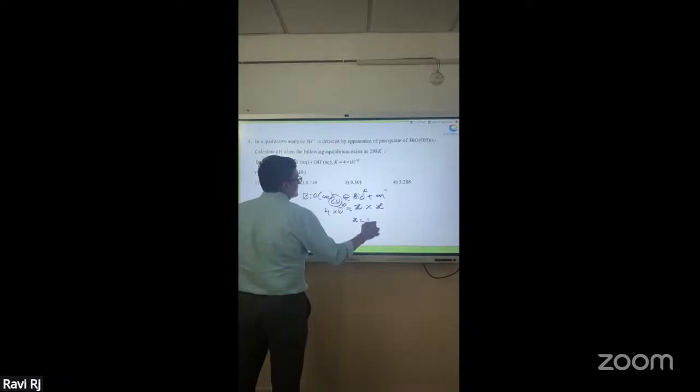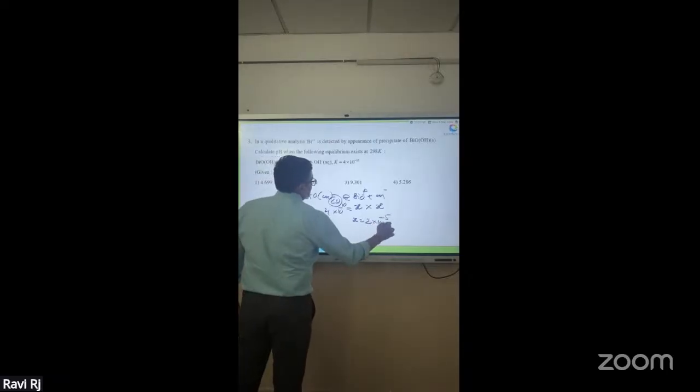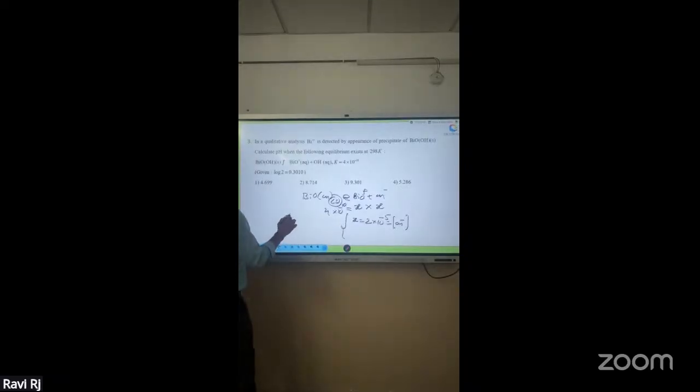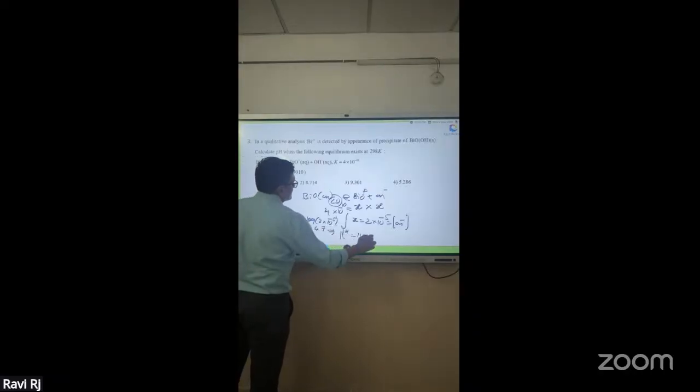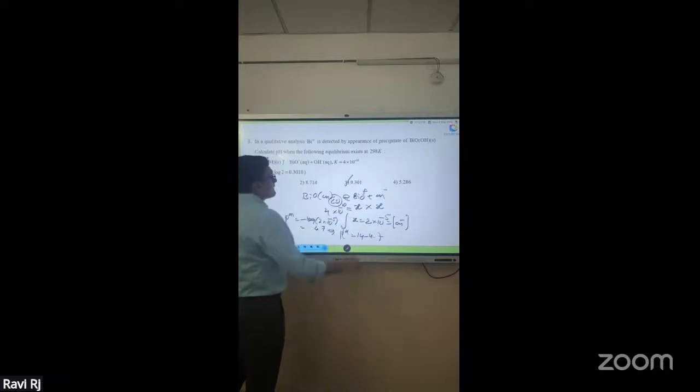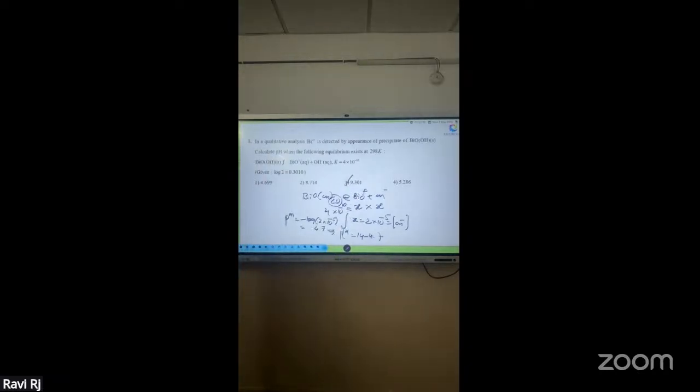So X is equal to 2 into 10 power minus 5. X is nothing but the concentration of OH minus. Now pOH is equal to negative log of 2 into 10 power minus 5, that is 5 minus log 2, which is equal to 4.7. Therefore, the pH value is 14 minus 4.7, approximately 9.3, would be your right answer.